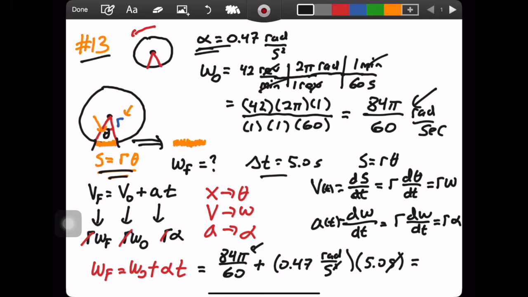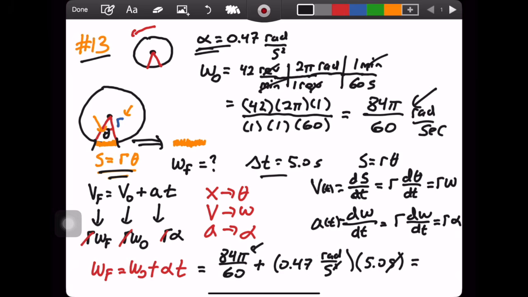So if you plug all those numbers in, (84 pi divided by 60). Bear with me, I'm putting this in my calculator. And then you add the multiplication of 0.47 radians per second multiplied by 5 seconds.